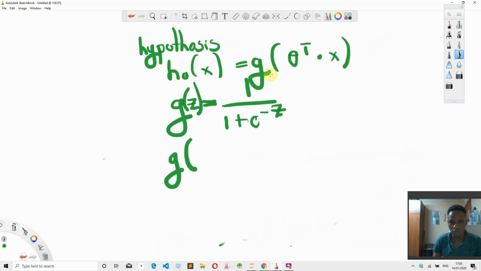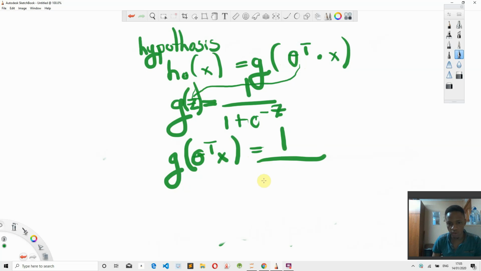So we can substitute this into z. That becomes g of theta transpose x equals 1 over 1 plus e to the power negative theta transpose times x. This is what we call the hypothesis for the logistic function.